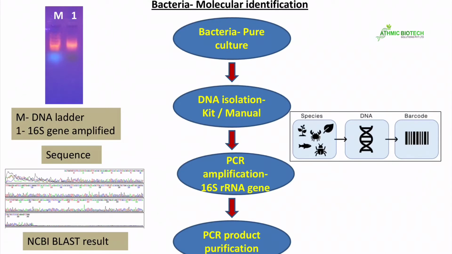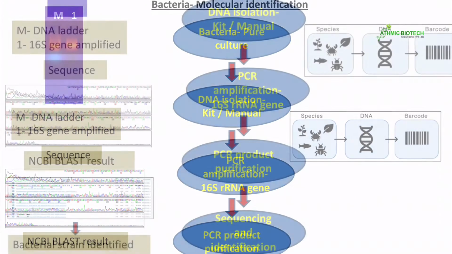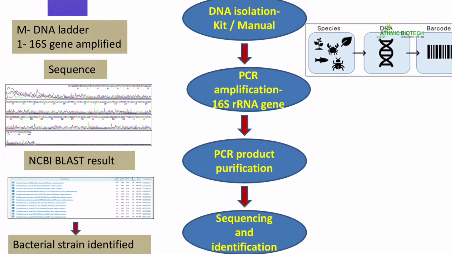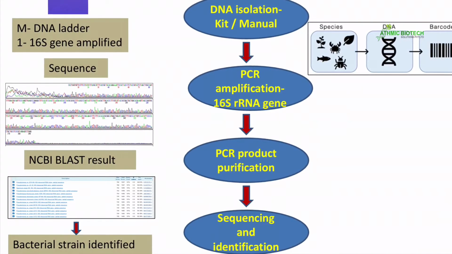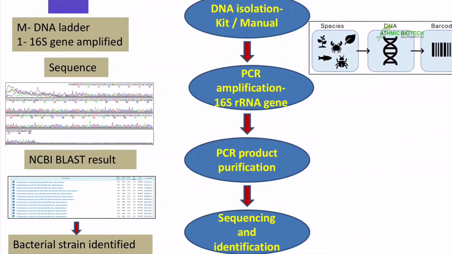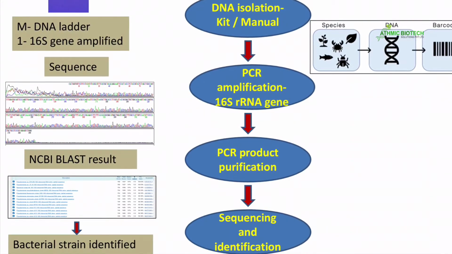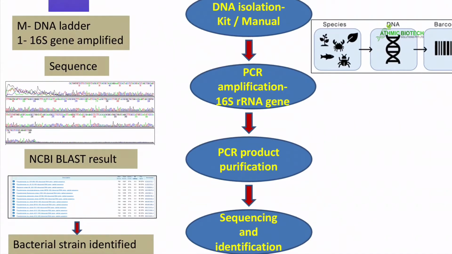Suppose you isolate an E. coli and also a Pseudomonas from a soil sample and compare both. The 16S rRNA sequence must be different. So that is the advantage of a molecular marker gene. In higher organisms, more than one molecular marker gene is available.